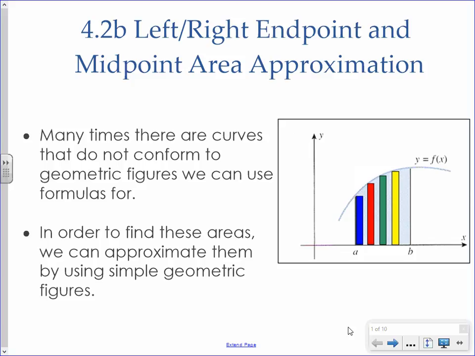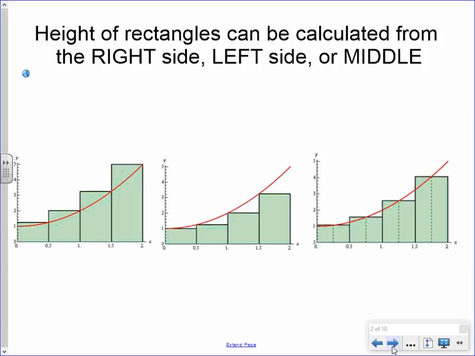So this is what we're going to do, and I'm going to show you an animation here in a little bit. But we're going to take a curve, and we are either going to draw rectangles that we call right rectangles, which means the right side of the rectangle sits on the curve. So we draw the rectangle where the right side gives us the height of the curve.